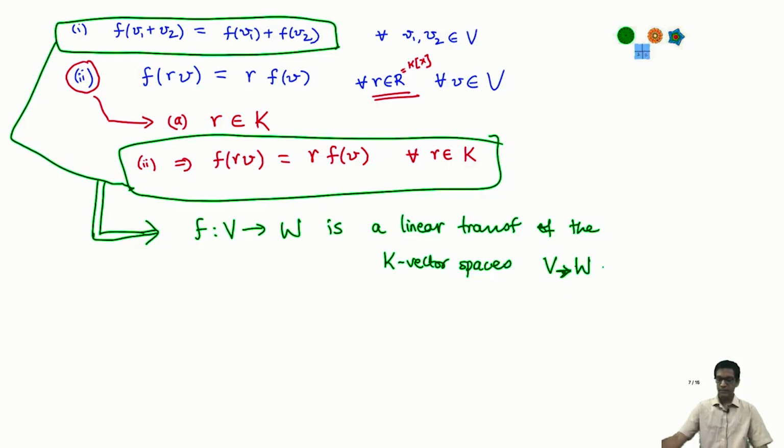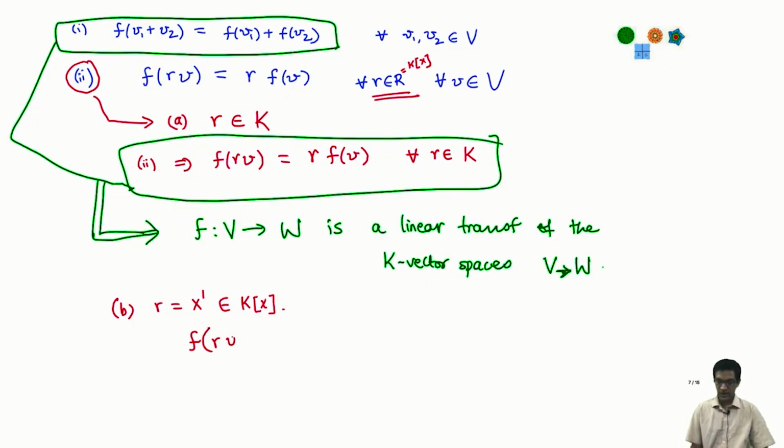Okay, so that's only part of the data. We haven't used the full force of the hypothesis. We have concluded that at the very least f is a linear transformation from V to W. Now let's do still more. Let's also take the polynomial x here. So far we have taken r to only be the constant polynomials. So case B, I will take for r the polynomial x to the power 1, or x. This is of course a valid choice of scalar, it's an element of the ring. So now I will plug this in and see what I get.